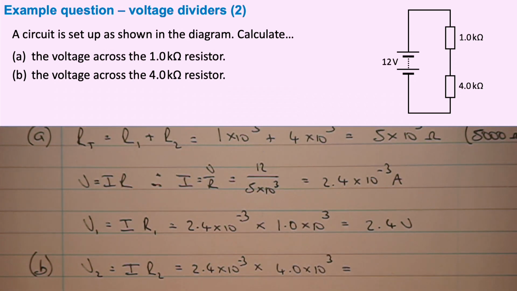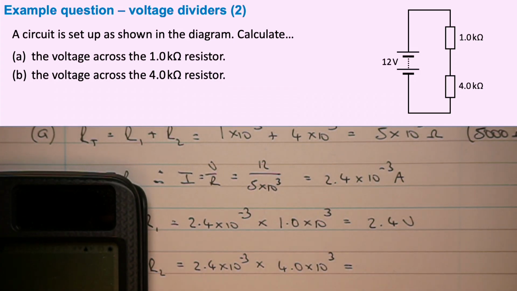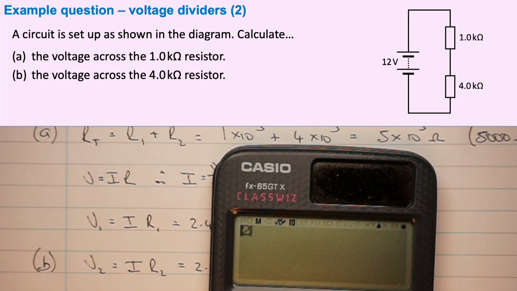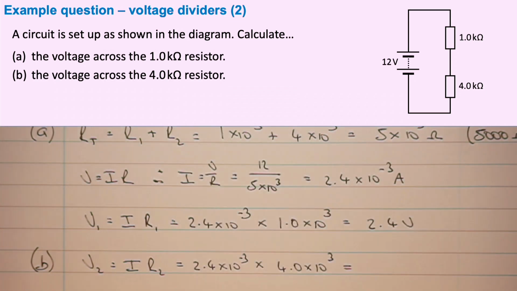Now, I'm sure you would have worked out that if the 12 volts splits and it's 2.4 volts across the top resistance, then the rest of the voltage must be across the 4k. So what would that be? It would be 12 minus 2.4, is that 9.6? I think it could be, but we'll just double check by working this out. So 2.4 times 10 to the power of negative 3, times the resistance, 4 times 10 to the power of 3, gives me 9.6 volts.